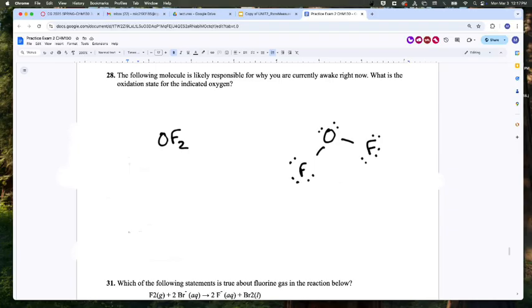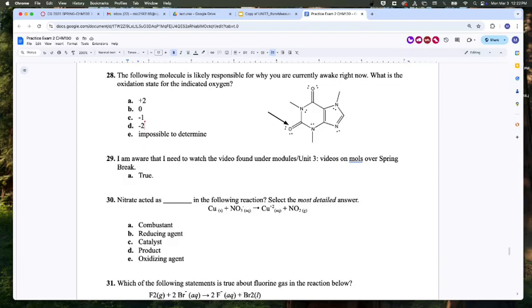Not +1, +2, because there's 2 fluorines. So each of those fluorines pulls an electron away. Why are the fluorines pulling an electron away? Fluorine is more electronegative than the oxygen. Our oxygen carries a +2. Neat. So if we understand where the rules are coming from, we can predict what those rules are. They aren't exceptions. What they are is we gave you something to memorize so that you didn't have to think as hard. That's all it was. Other questions?